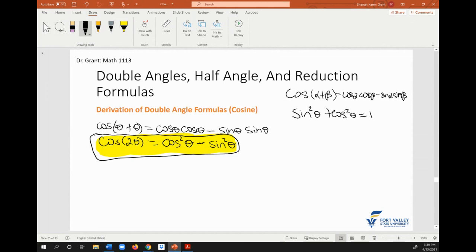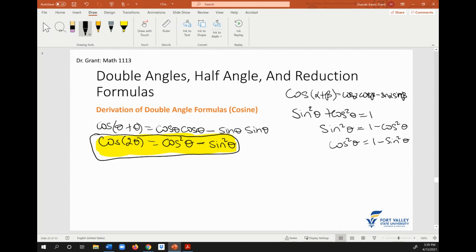If I subtract cosine squared from both sides, I'll have that sine squared theta equals 1 minus cosine squared theta. Or if we subtract sine squared, we have that cosine squared theta equals 1 minus sine squared theta.